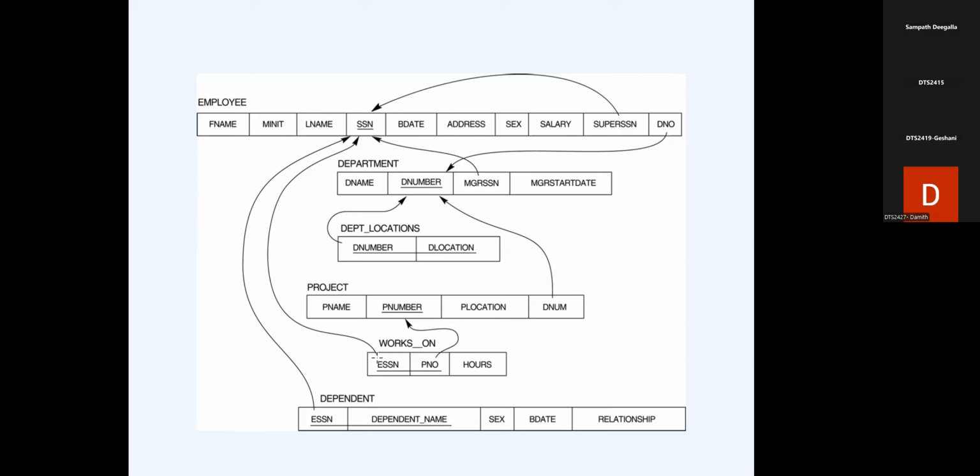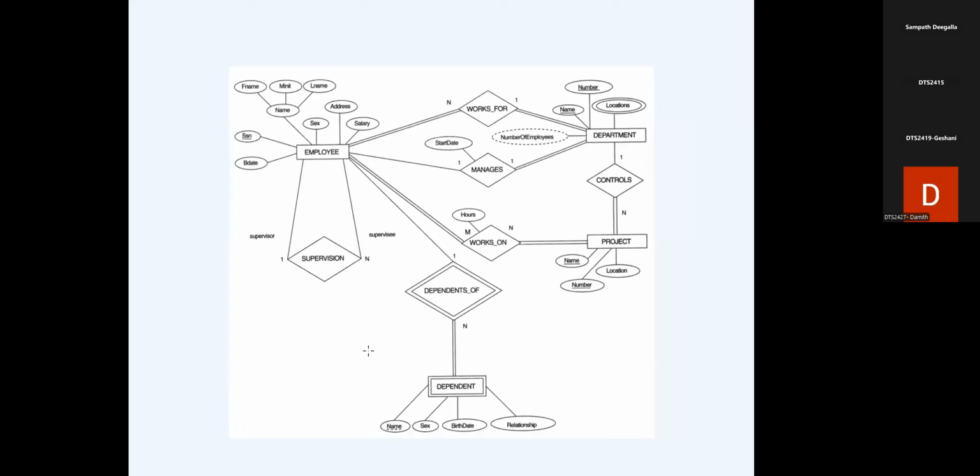Next one is your mappings. That means one-to-one, one-to-many, and many-to-many. Now, we'll start with the one-to-one relations. When you have one-to-one relations, multiple approaches are there.